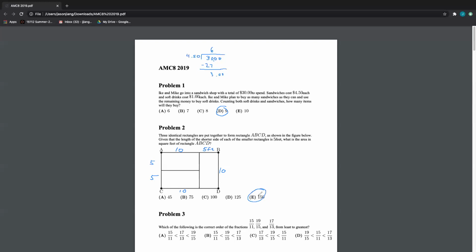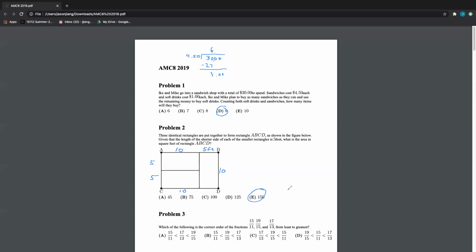Okay. Question 3. We want to order these 3 fractions from least to greatest. So it's kind of annoying because of the denominators. We could go for common denominators, but that might be tedious. One thing we can do is subtract 1 from every number because that won't change the ordering.